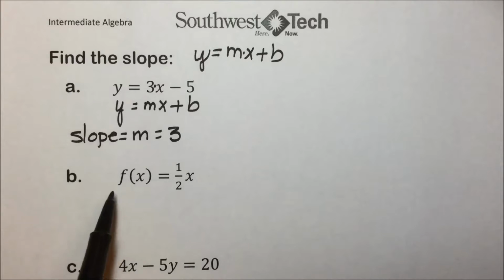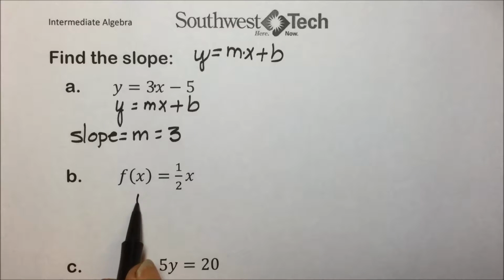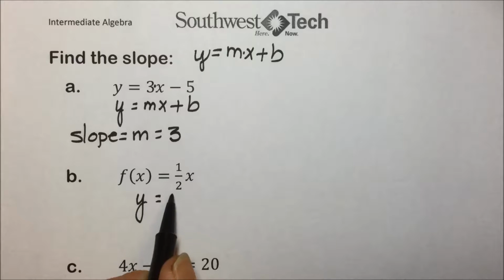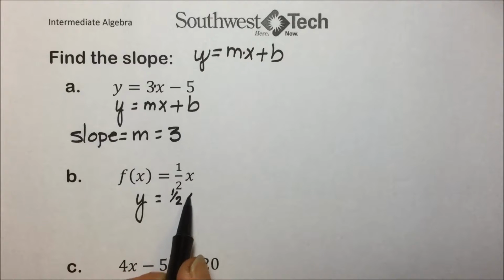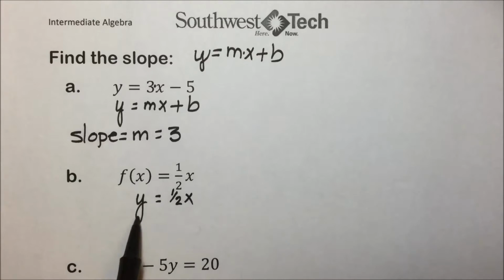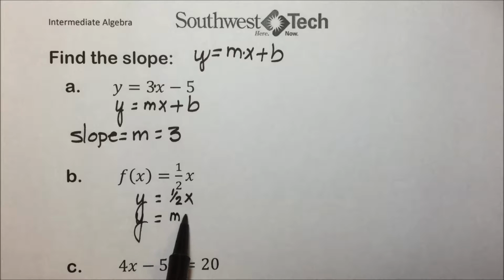In this next example, it's function notation. Well, function notation can be replaced with y, so we have y is equal to 1/2 x, and again, to answer the question, what is the slope, we can compare this to the standard form of a linear equation in slope-intercept form, mx plus b.